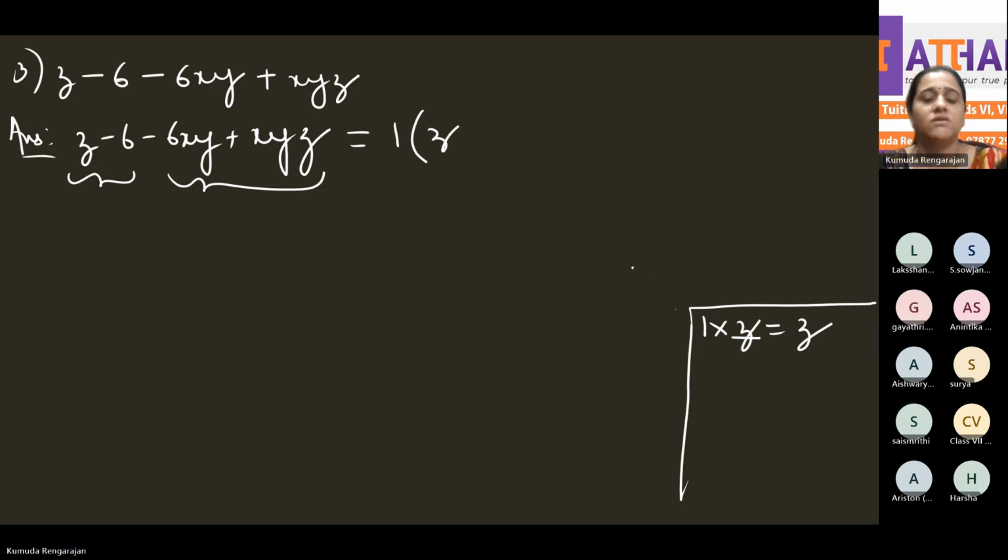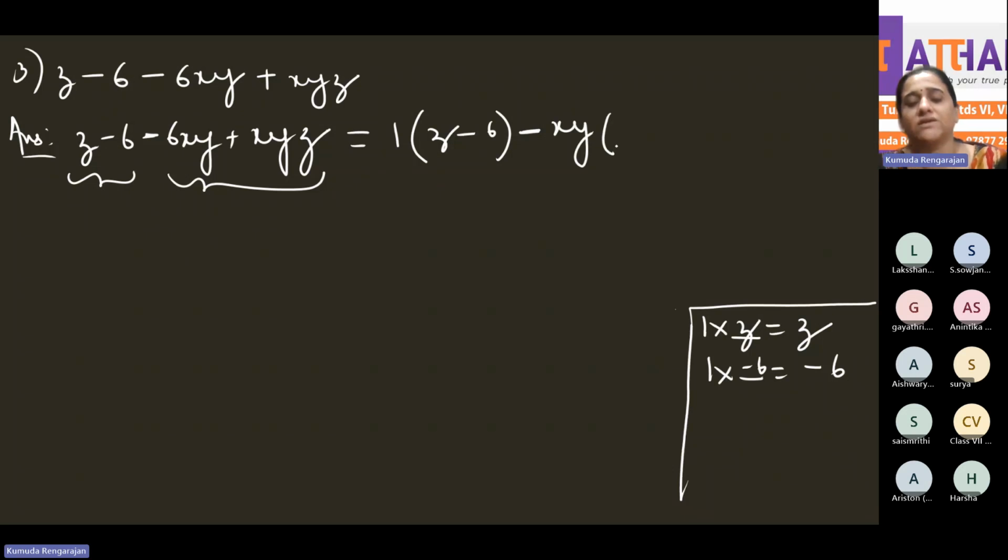So z here. Then again, 1 into what will give you the second term? Minus 6. So minus 6 it is. After the second term, whatever sign is there, put it as it is. Now again the HCF of 6xy and xyz, which is xy. Open bracket. Now this minus xy, which is common, into what will give you the third term, minus 6xy?